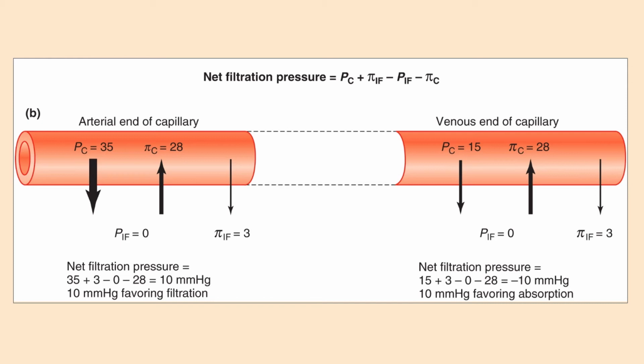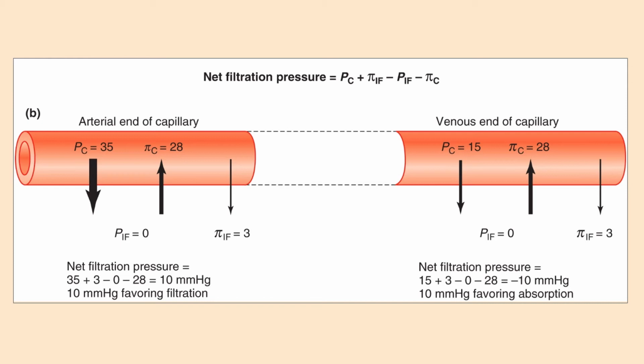Okay, now we can move to a different point on the length of this capillary. On the right side of this diagram, we're looking at a point closer to the venule side. Blood is flowing through this capillary from the arterial toward the venule. And we see that the forces are a little different here. We see the same four forces, but they have different values.